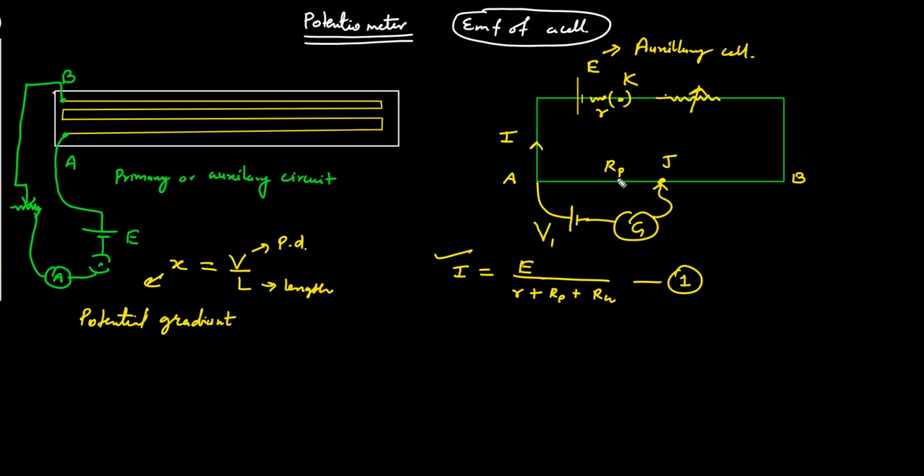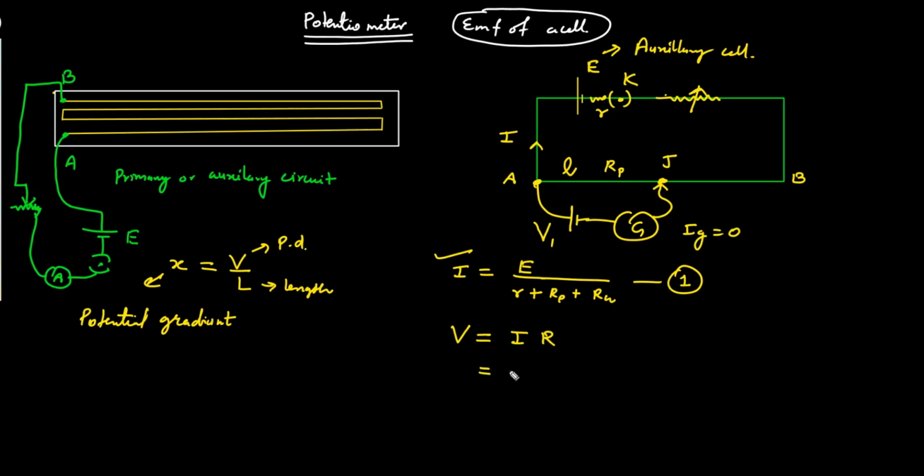Now let's say this is the balance length AJ, where current in the galvanometer is 0 and balance length is L. Now if I want to write the expression for the potential gradient, how will I write? Can I say Ohm's law, V equals IR? Yes, sir.